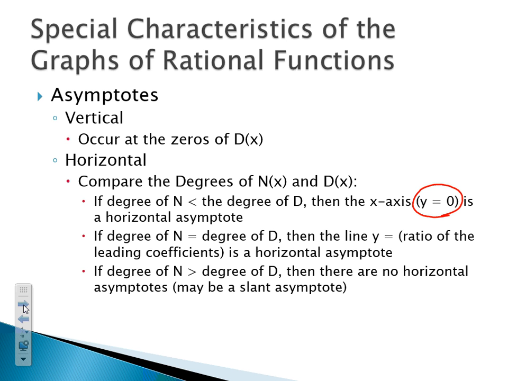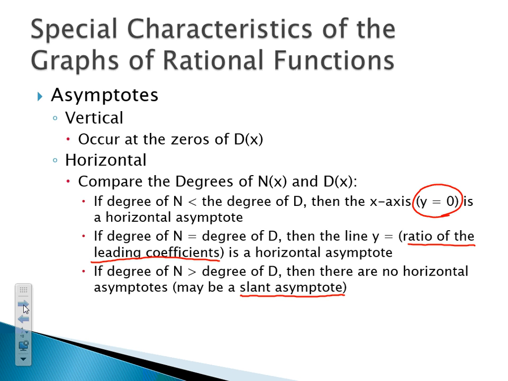If the degrees are equal to each other, then what we look at is a ratio of the leading coefficients. And we'll see an example of this type of asymptote on our second example problem. Okay? And then finally, if the degree of the numerator is larger than the degree of the denominator, then there aren't going to be any horizontal asymptotes, but there may be a slant asymptote. And we'll talk about slant asymptotes before we get to the last example.